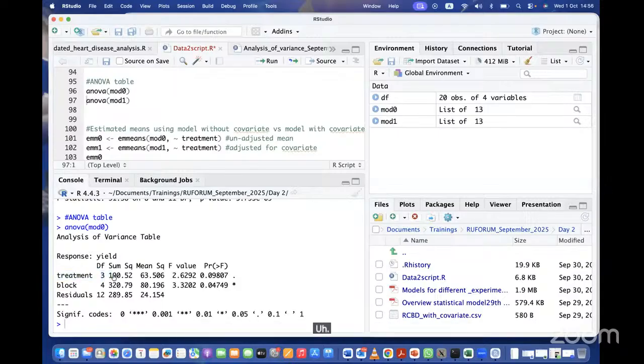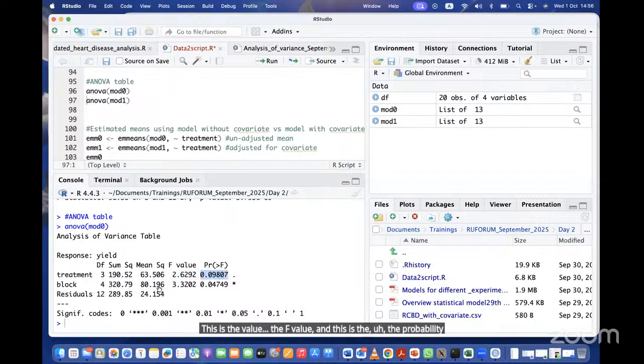This is the sums of squares, this is the mean sums of squares, this is the F value, and this is the probability. This is for treatment. So there are 4 treatments, and they have 3 degrees of freedom.